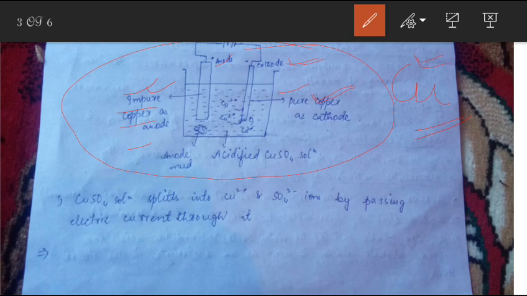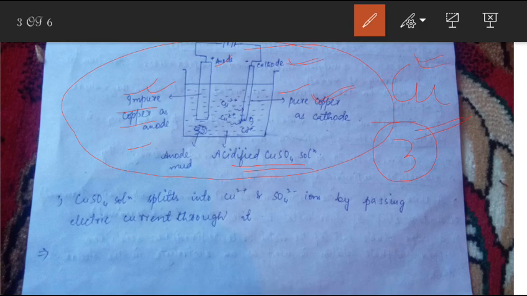So when we pass electric current through this electrolytic solution, through this acidified copper sulfate solution, three reactions will take place, and the reactions will take place simultaneously. Simultaneously means at the same time. The reactions in the electrolytic tank, at cathode and at anode, will take place at the same time.